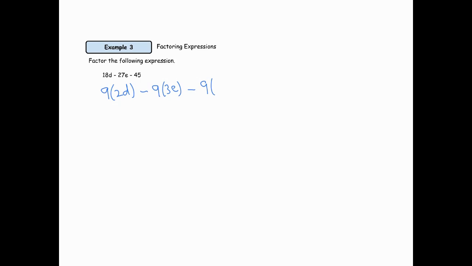So the other factor must be 5. And now if we look at all three terms, we can see that that greatest common factor appears. So that's exactly what we can factor out of all three terms. So we have 9 times the quantity of 2d minus 3e minus 5.